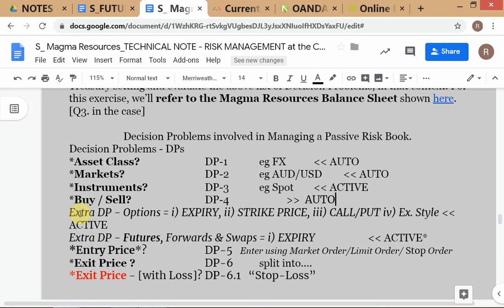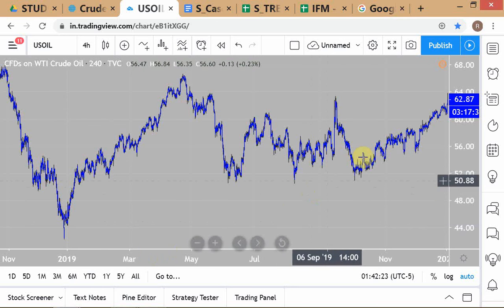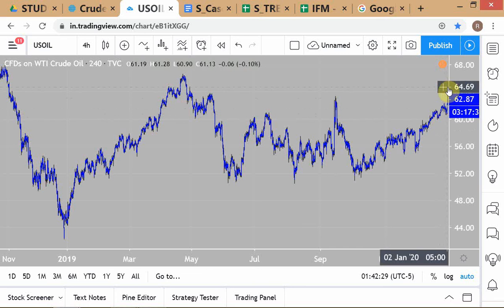So now you know that when your underlying position is long, as far as the buy-sell decision is concerned, it has to be sell. It is automatically determined. But now my question is, what about the entry price? The entry price decision problem. Let's say I'm hedging crude oil for Ryanair, on the hedging team, and I see crude oil prices are shooting up.